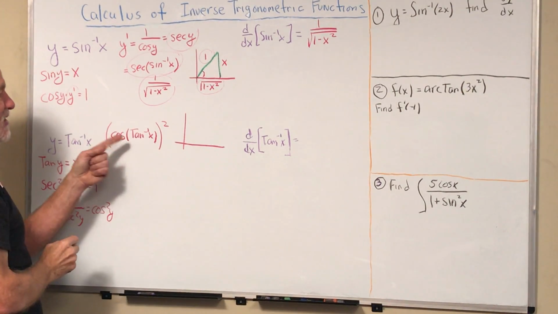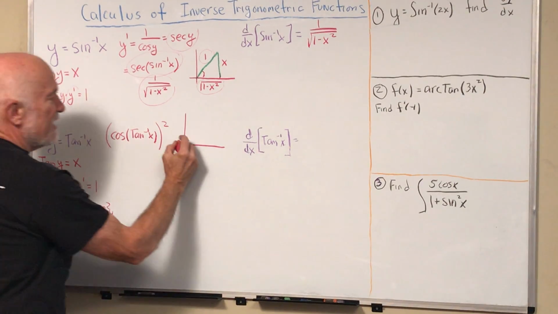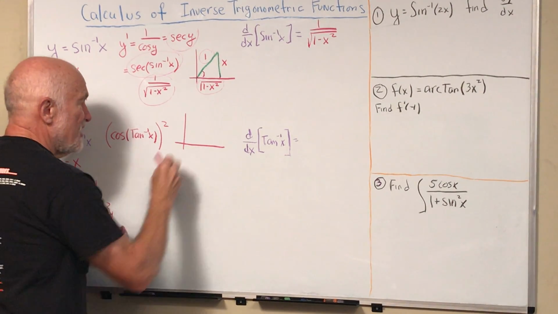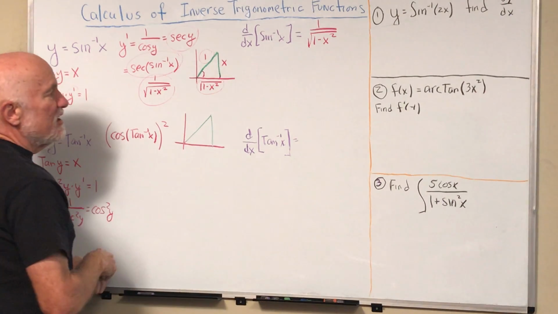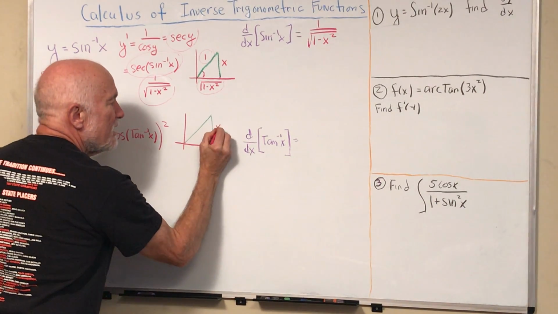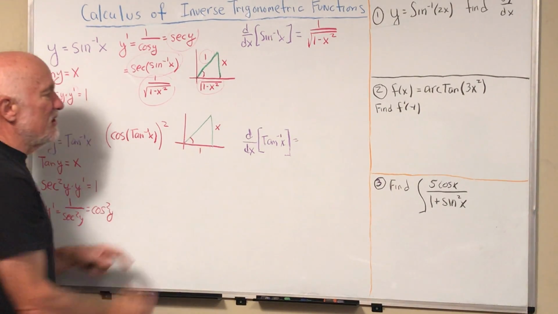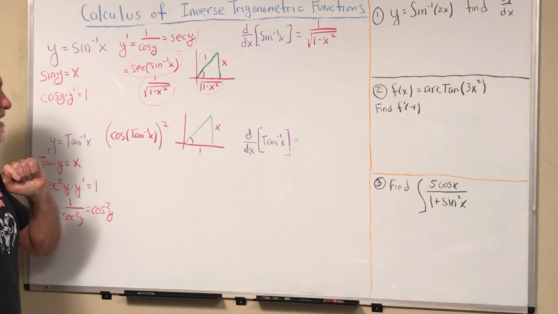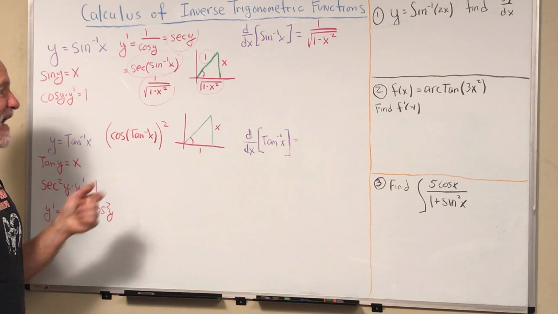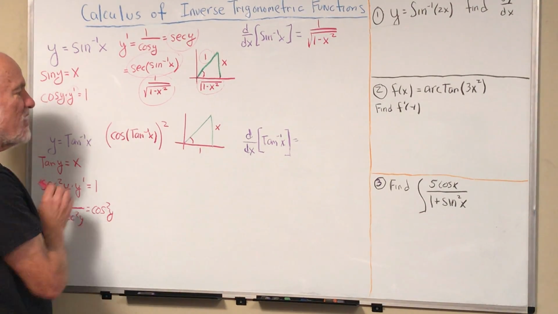What does the angle look like whose tangent is x? If I just did this, you wouldn't believe me. But if I did that, now that is the angle whose tangent is x. And I don't need to find that angle. I just need to find the cosine of that angle.